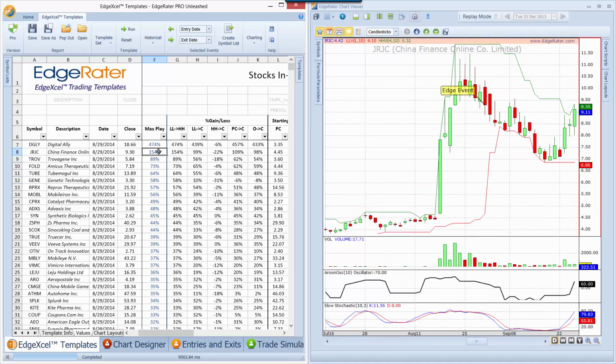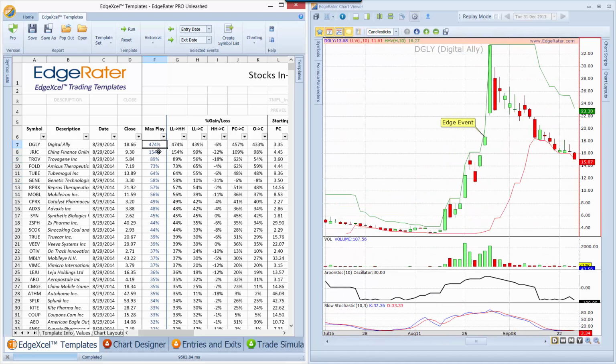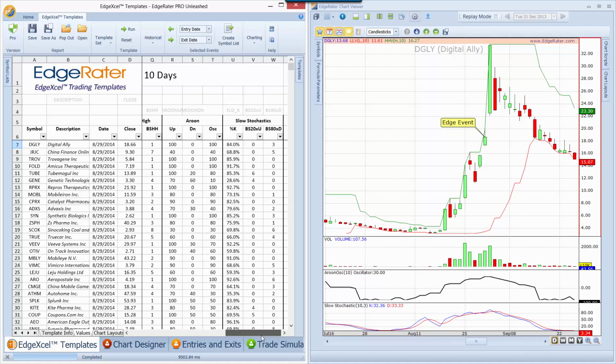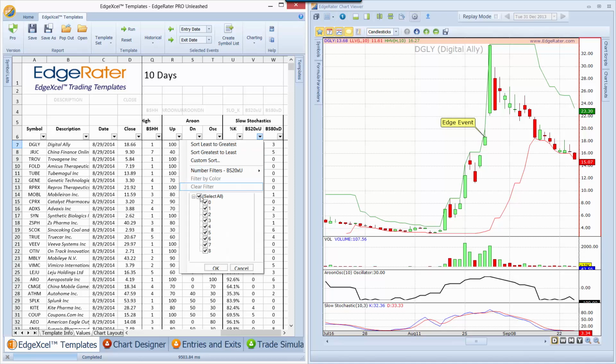Now these stocks are all stocks that have the maximum play. You might be more interested in stocks that are coming up through the 20 stochastic level. So what you would do is what I showed you before: come over to the slow stochastic set of columns and filter this based on the 1 day.